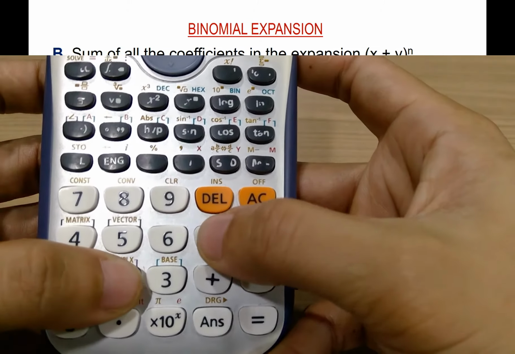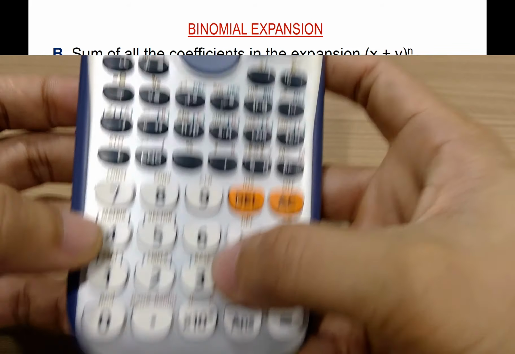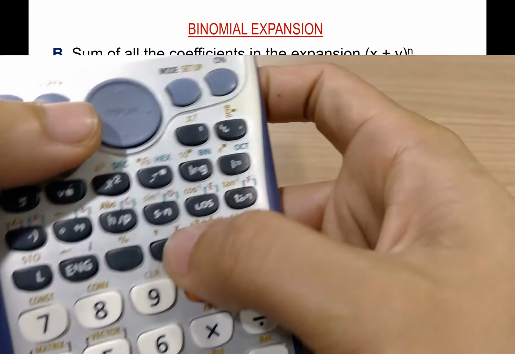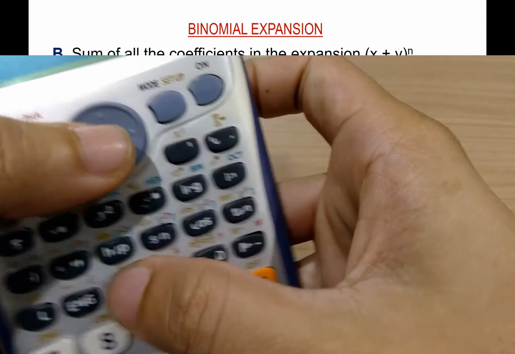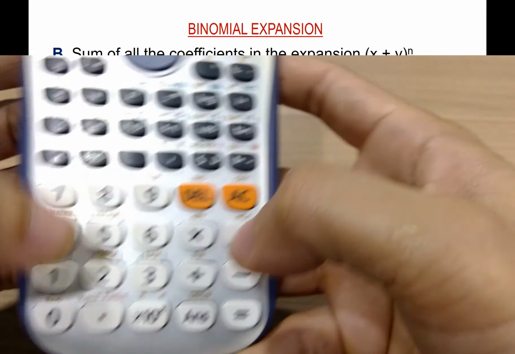And then times 2 to the power of r minus 1, where r is x, alpha x minus 1. I'm practicing the parentheses. Then x from 1 to 12.